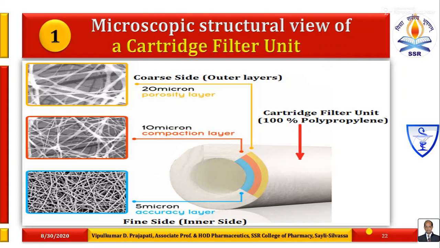So these are multiple layers having different pore sizes. From inner to the surface, the size goes coarse: the inner side is the fine side, and on the surface is the coarse side. So that is the depth filter type cartridge filter. It is a 100% polypropylene filter unit.